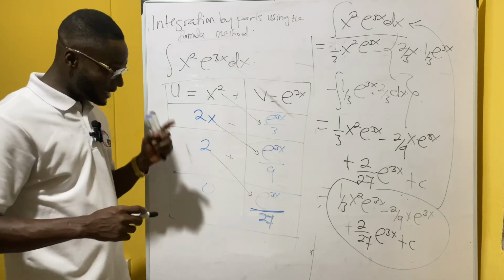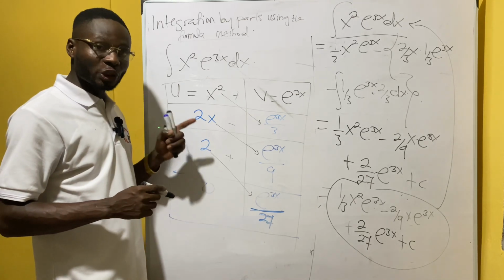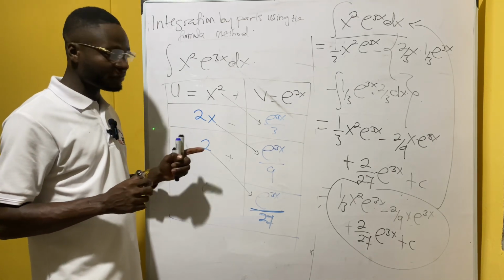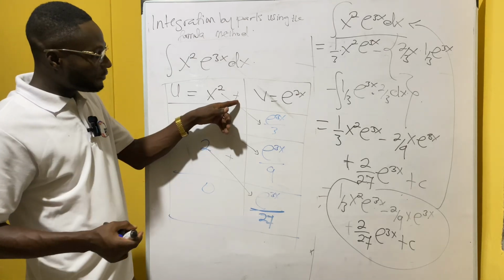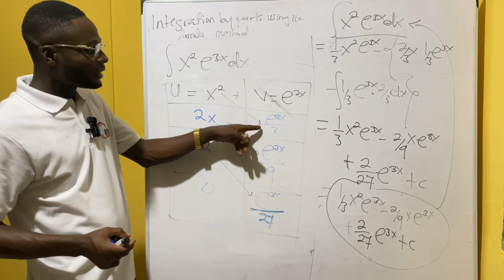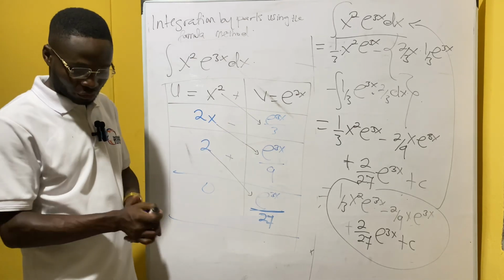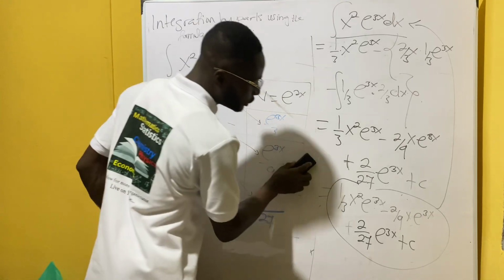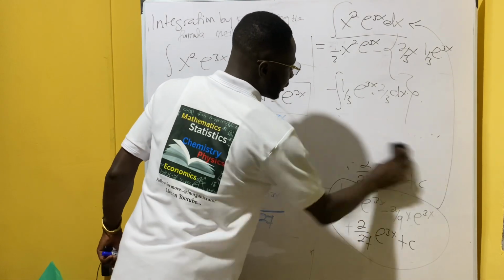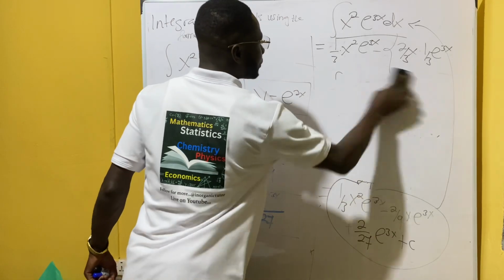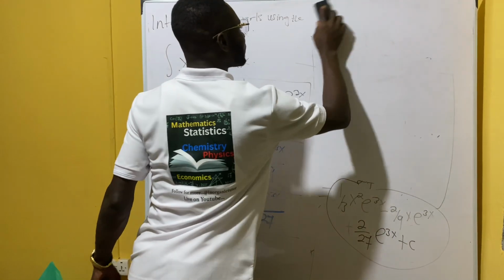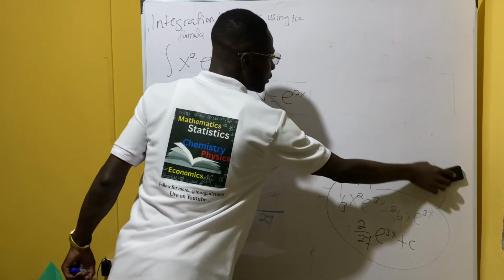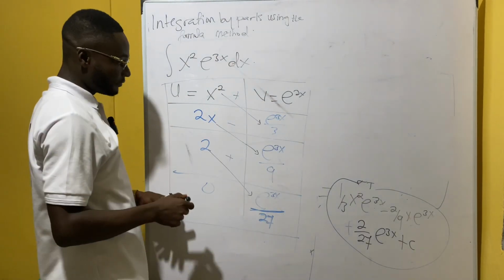So this is where you have to be very, very careful, because if you forget this sign, it's going to harm you. You have to be very, very careful when you are using the tabular approach.